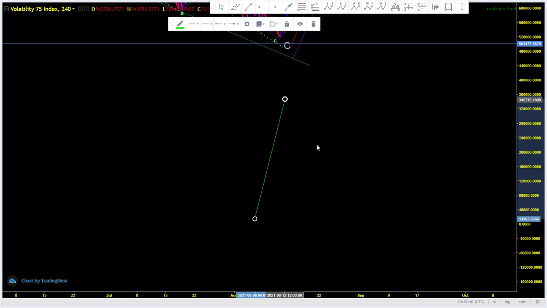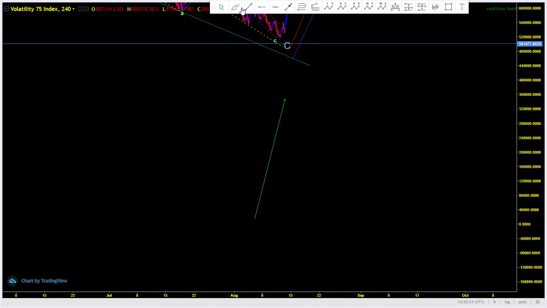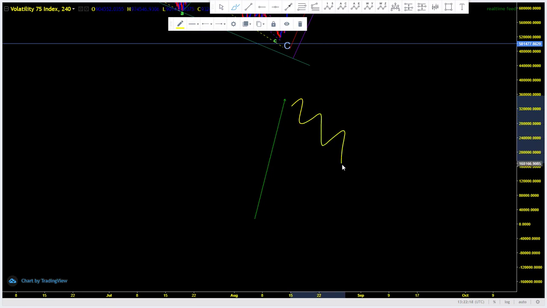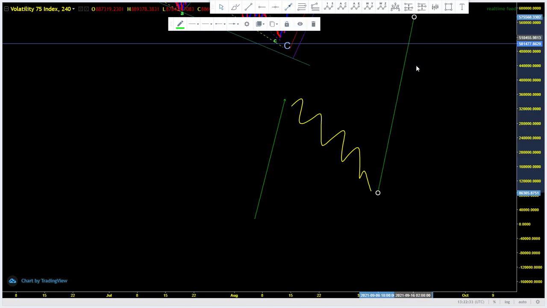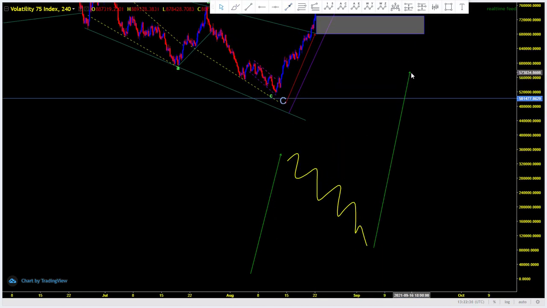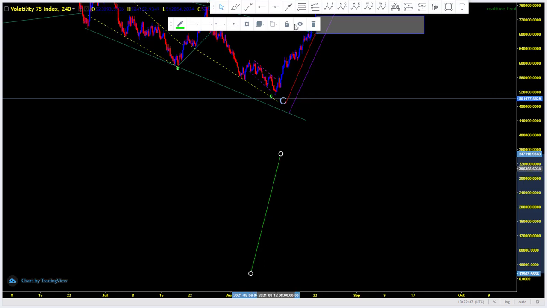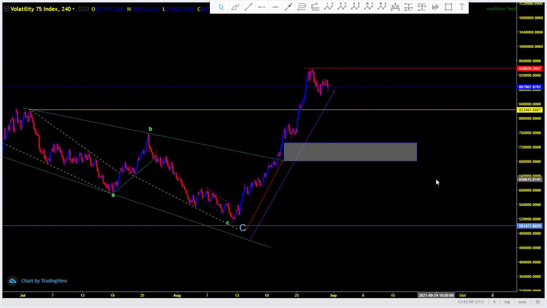When you get an impulse like this on V75, in most cases it comes back correctively to at least 0.618 or 0.782 retracement before it can give you another impulse. Then when it gives you another impulse, it again comes back correctively, respecting the principles of market structure. You just need to do your back testing. You see what I'm talking about.